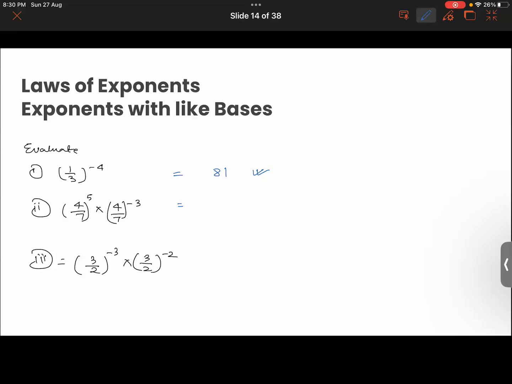It's 1024 upon 16,007 multiplied by 343 upon 64. You have raised 4 upon 7 to the power of 2, 5. No, why 5? See, the bases are the same now. Second one, you have to simply add the powers now. It will be like this: 4 upon 7, since the bases are the same.